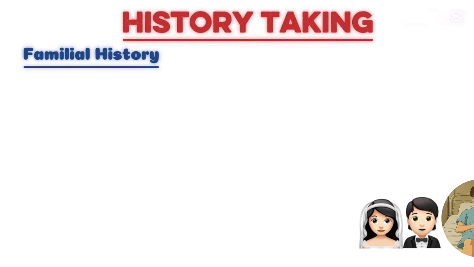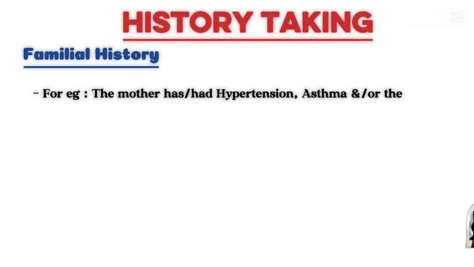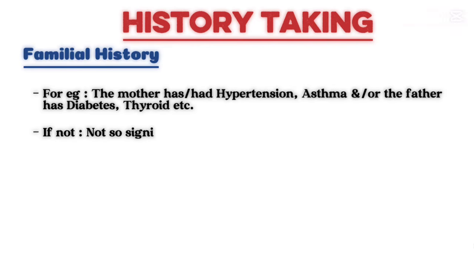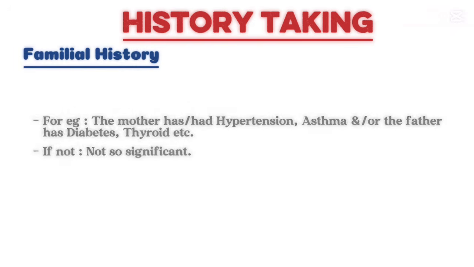For example, if one of the parents of the patient has any disease like hypertension, asthma, diabetes, thyroid, then we write the mother has hypertension, asthma, and/or the father has diabetes, thyroid, etc. And if the parents have a clean and healthy history, then we can simply write not so significant.